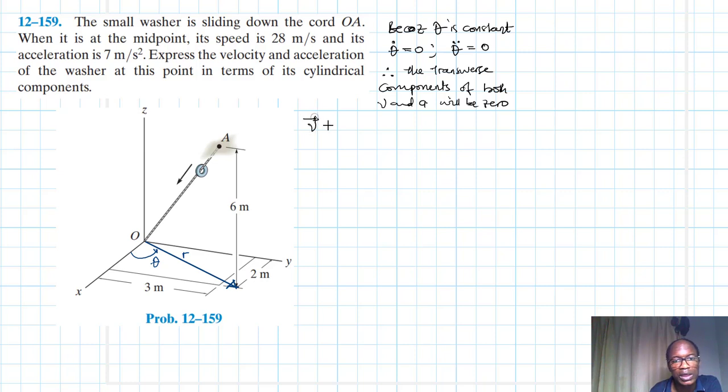So writing this as a vector, we have VR UR plus V theta U theta, and then we have VZ UZ.